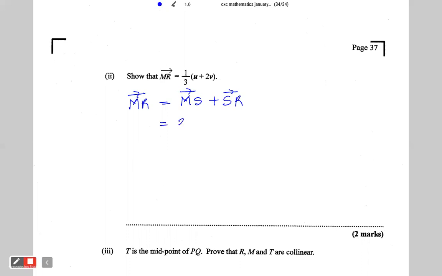MS is 2/3 of QS, and SR is the same as the vector PQ. So this is 2/3 of (V minus U) plus PQ, which is U.